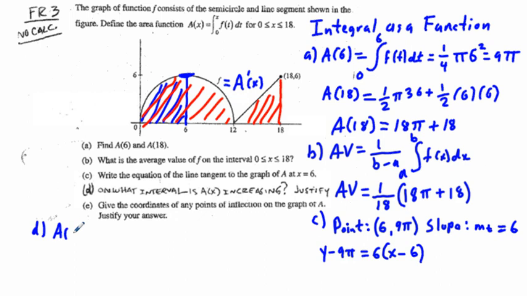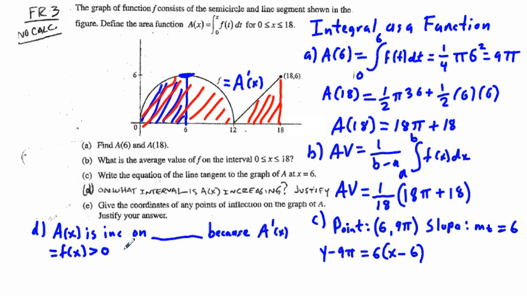A of x is increasing on, and we can just leave a blank here, because A prime of x equals f of x is greater than 0. Okay?